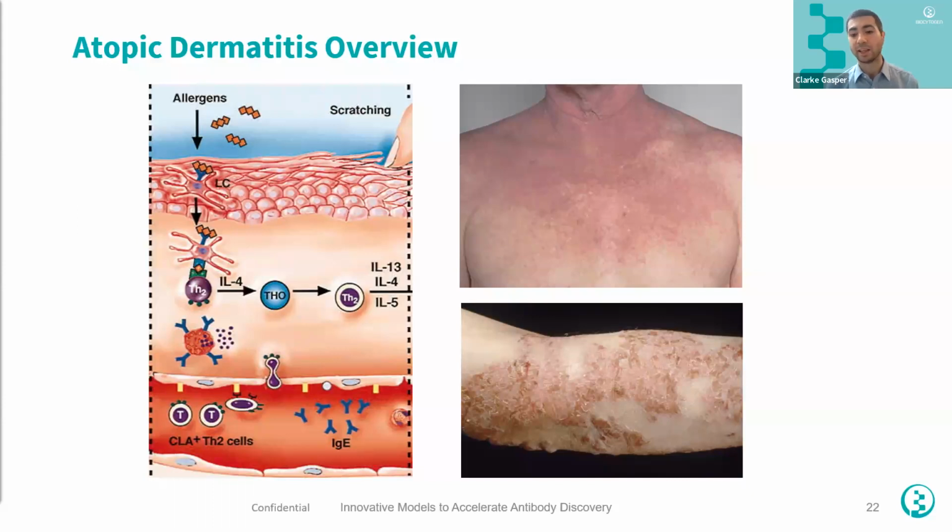AD is thought to stem from a dysregulation of the immune system, causing the production of inflammation that damages the skin barrier. And so there's no cure for AD, and treatments consist of topical steroids and behavior modifications.